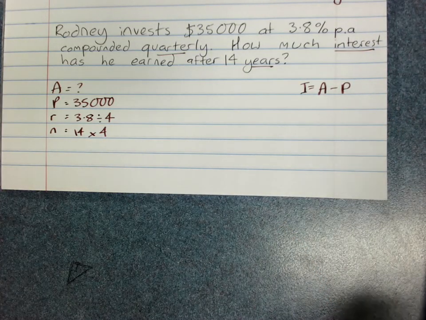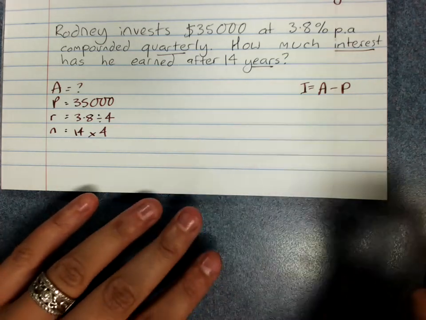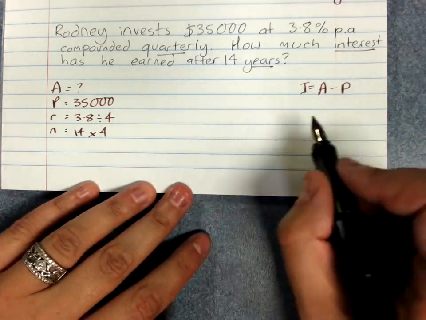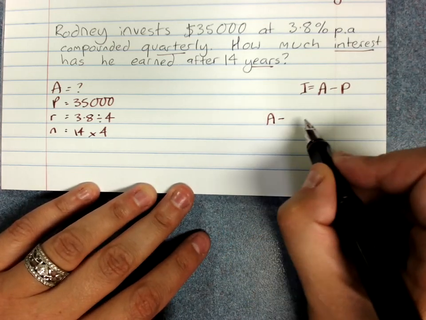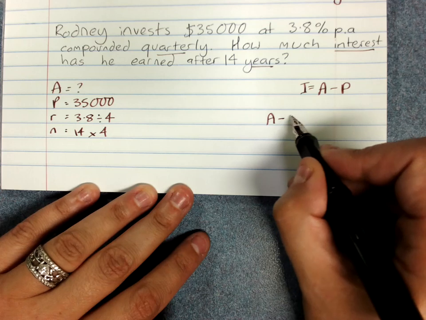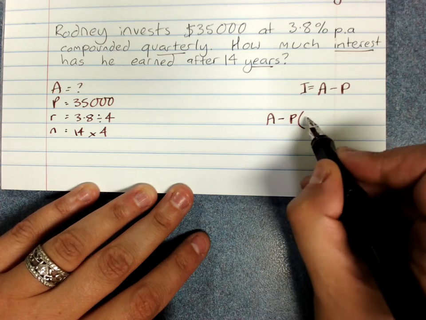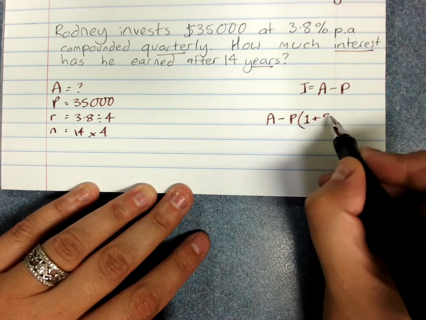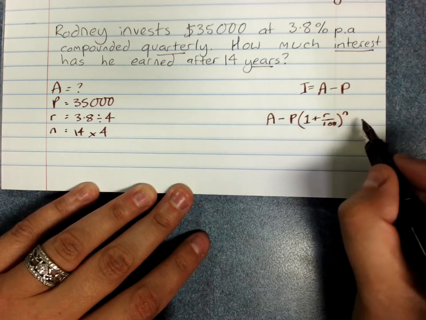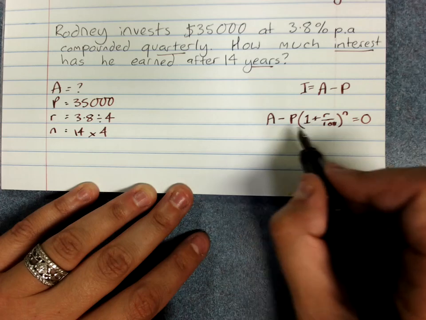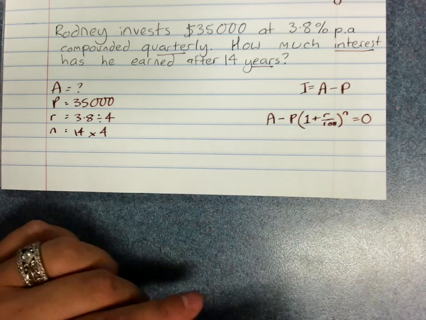Now you'll remember we can use our graphics calculator for the compound interest formula. All we have to do, and we don't need to show this in our working, is rearrange the formula so we're subtracting the principal times 1 plus the rate on 100 to the power of n. That will equal 0 because we've subtracted all this from both sides.